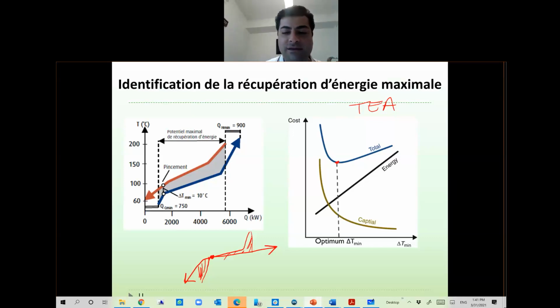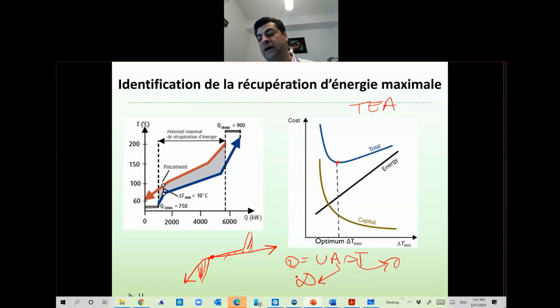Yeah, exactly. Q is UA delta T, so if delta T is zero, it means the area should be infinity. So you have an infinite size of heat exchanger.